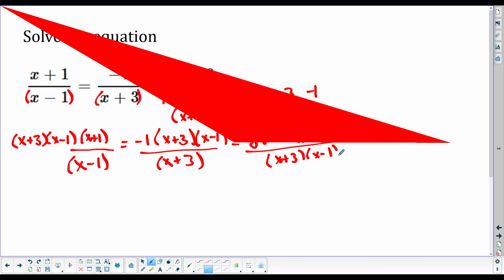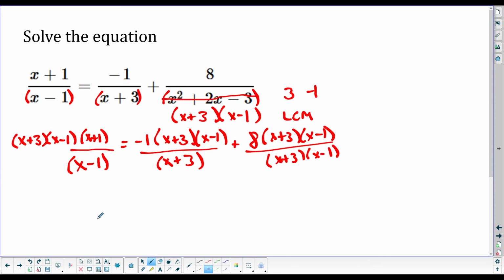Now we're going to look for things to cancel. The x minus 1 will cancel out, and so here I have x plus 3 and x plus 1. And that's going to equal, and then here my x plus 3s will cancel out.